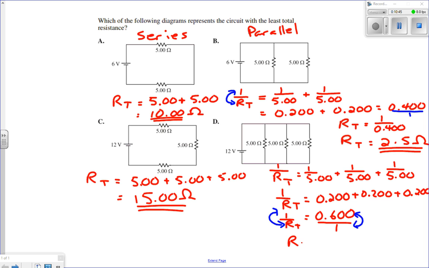So RT is equal to 1 divided by 0.600, which is equal to 1.6 repeating. To 3 significant digits, that would be 1.67 ohms. And we have our lowest answer yet. 1.667 ohms is less than 2.5. So our correct answer is D.